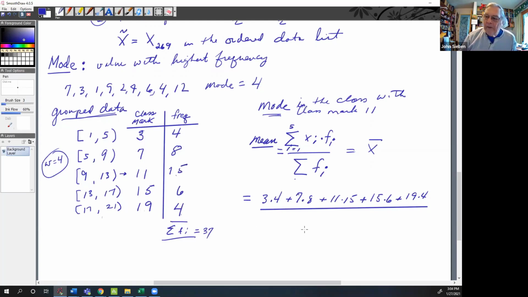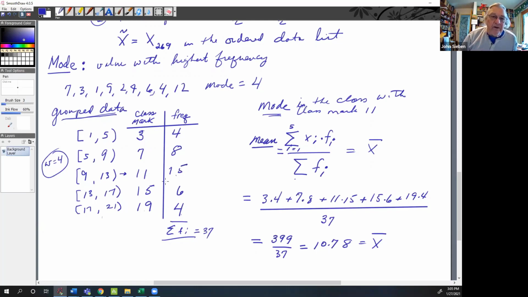Looks like I got it right. So the denominator would be 37. And not to take your time doing this multiplication and addition, I think I did that with my calculator yesterday. 399 over 37 is 10.78. And that would be x bar, but computed from a frequency distribution.